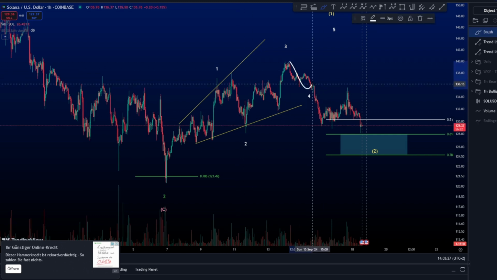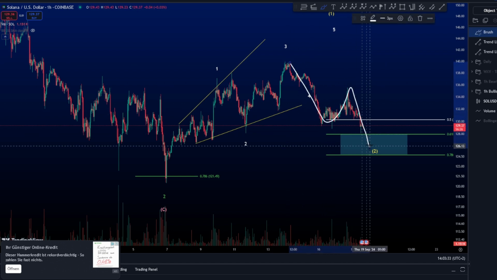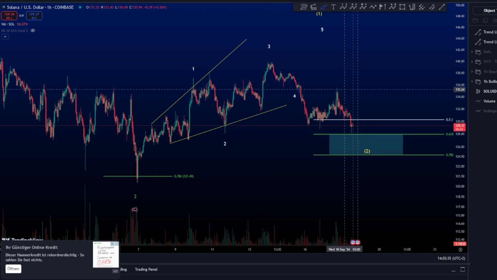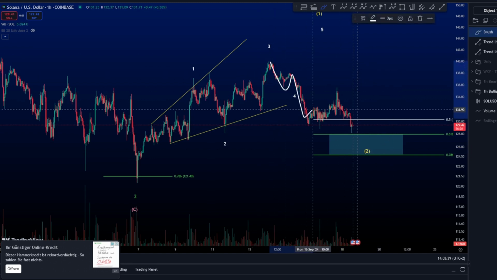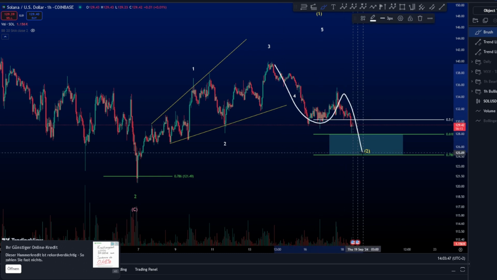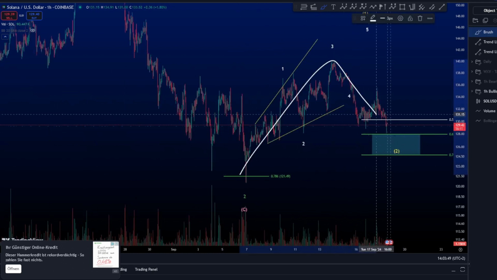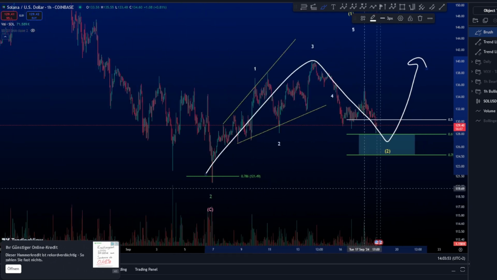So in case we see 3 waves down, which we are looking at now, possibly, right, as a zigzag maybe, nobody knows, this can transform to a zigzag. 1, 2, 3, 4, 5, exactly, and then A, B, C, then 1, 2, 3, 4, 5, finishing as 3 waves, then possibly finishing a 1, 2, and boom, explosion towards the upside.